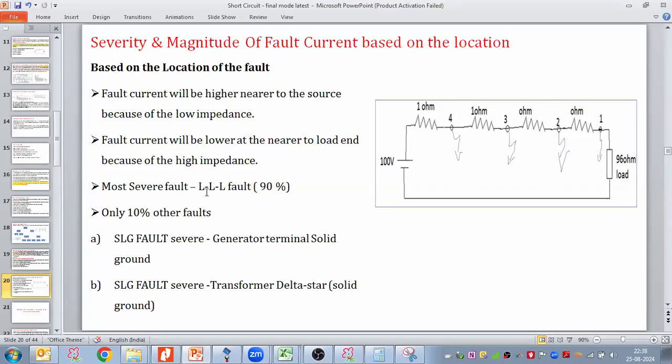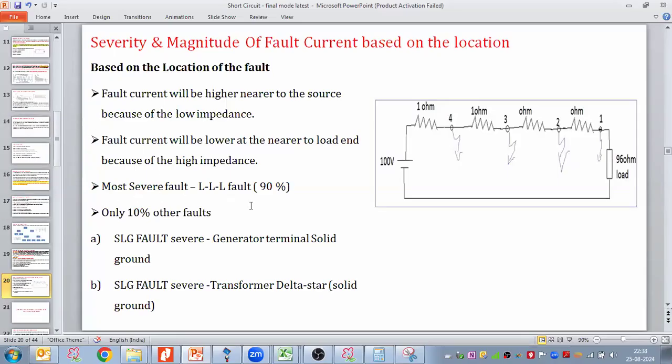The most severe fault is the three-phase fault, 90%, because sometimes the line to ground fault is higher than the three-phase fault. This is the reason I'm putting 90%, not 100%. Only 10% for other faults. Sorry, sir, this is not right, because normally line to ground is 80-90%. Why am I telling three-phase fault?